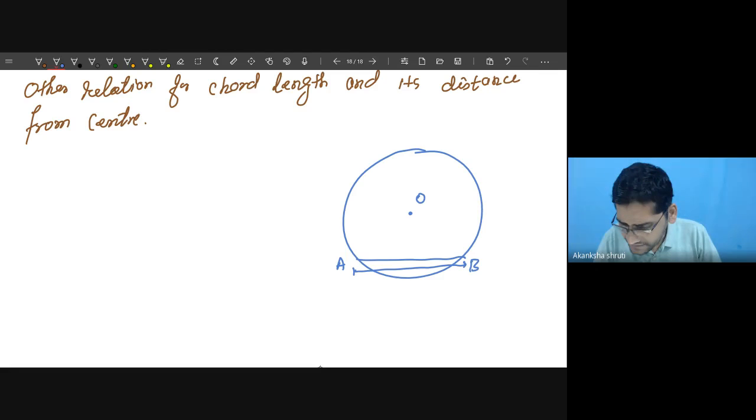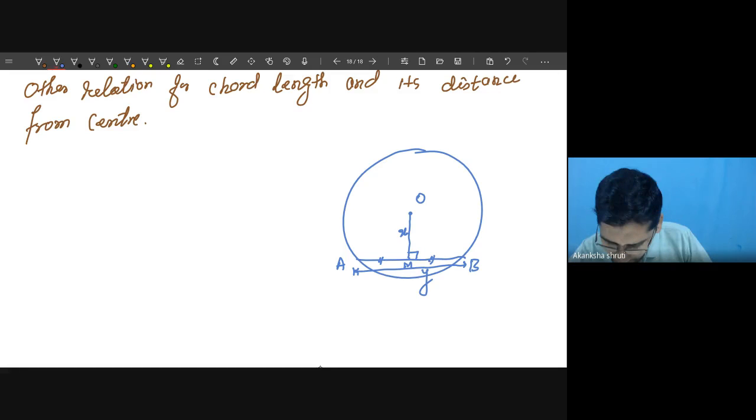Let us call this chord length Y. The perpendicular drawn from O on AB touches AB at point M. Then we have learned that AM is equal to MB. Let us also consider this OM length as small x.